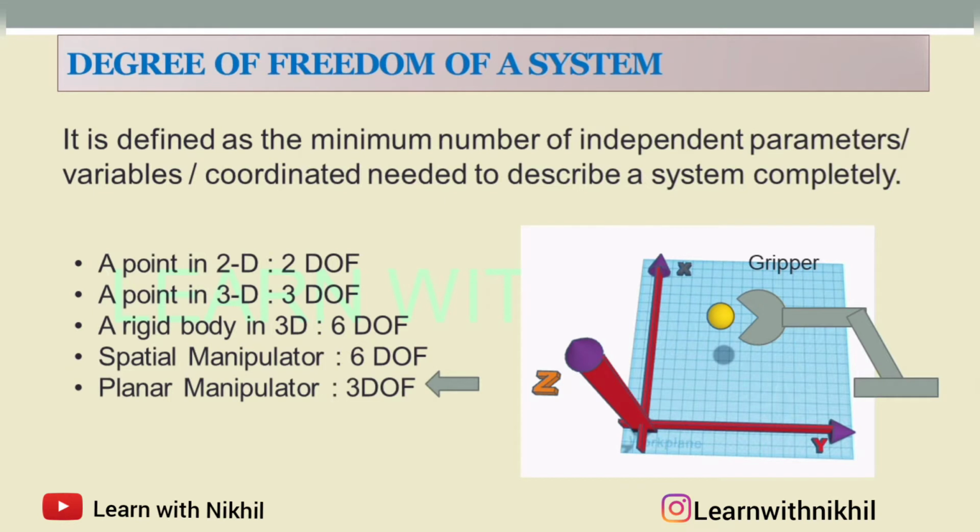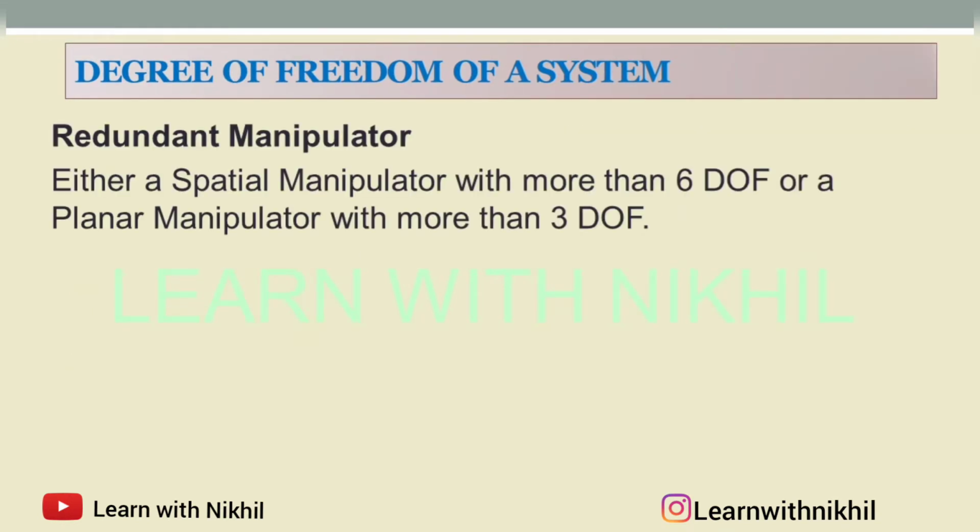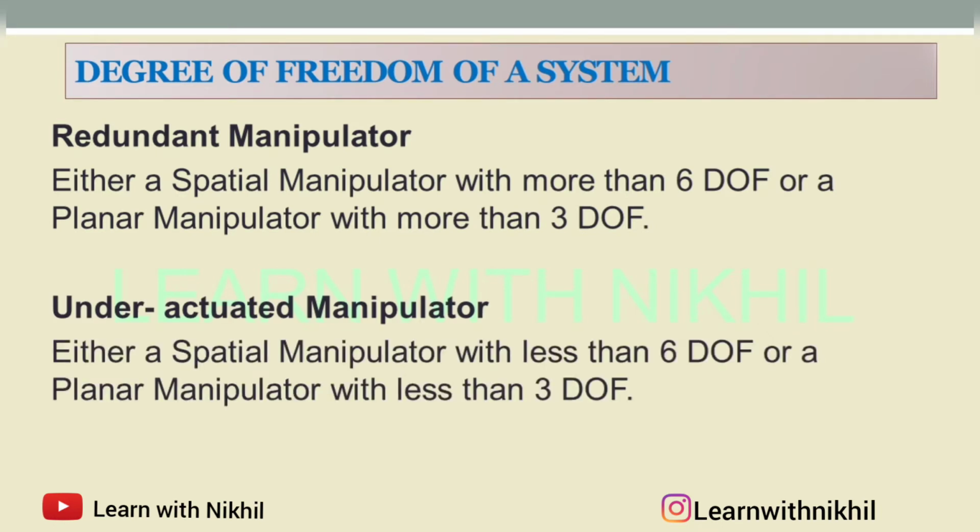Now moving forward, what is a redundant manipulator and what is an under-actuated manipulator? For a redundant manipulator, as we just studied, a spatial manipulator requires 6 degrees of freedom, and a planar manipulator requires 3 degrees of freedom.